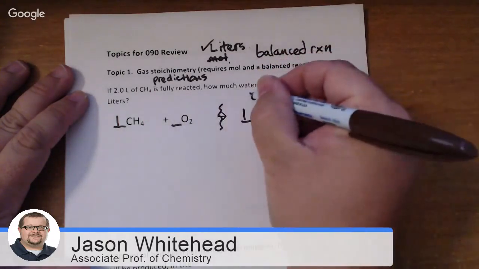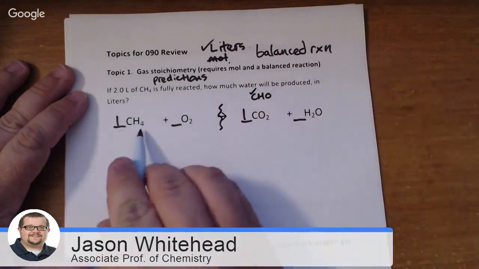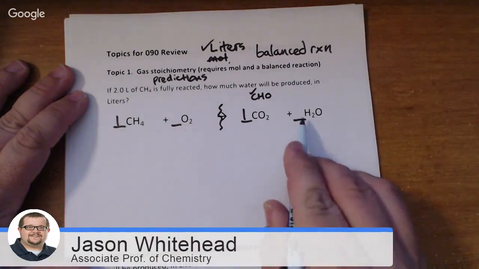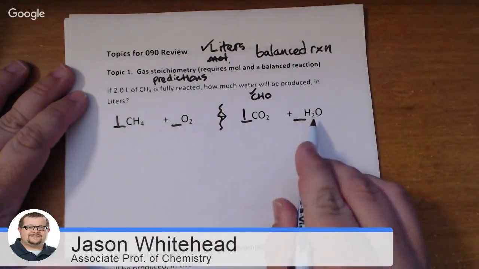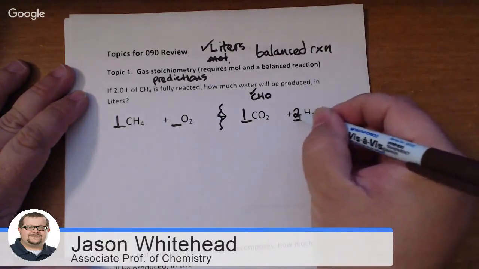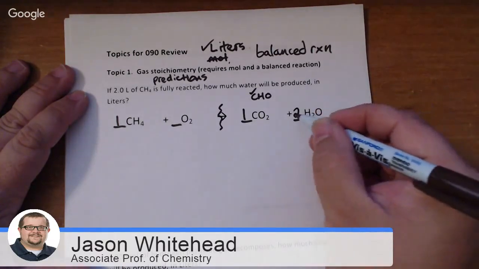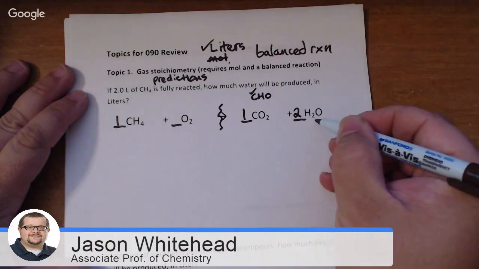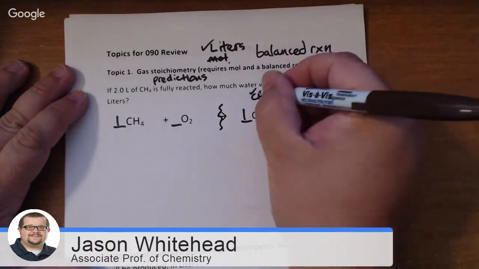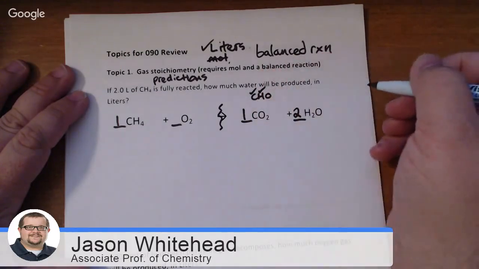So my carbons are done. My hydrogens, 1 times 4, I've got 4 H's. If I go over here, what times 2 is going to give me 4 H's on this side? I'd have to put a 2 here because it multiplies through. 2 times 2 gives me 4 H's. So now I've got 4 H's on each side. My H's are balanced.